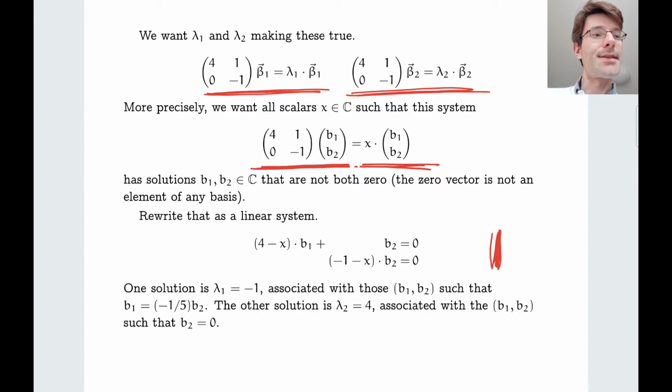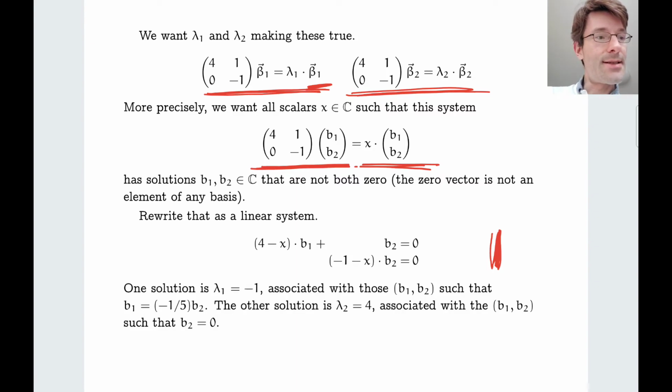Now this linear system would be a homogeneous system, so clearly a solution would be the zero vector, i.e. b1 and b2 equal to 0 gives us a solution no matter what. But of course that's a solution that we are not interested in, because we want basis elements beta 1, beta 2, and we can't use the zero vector in any basis.